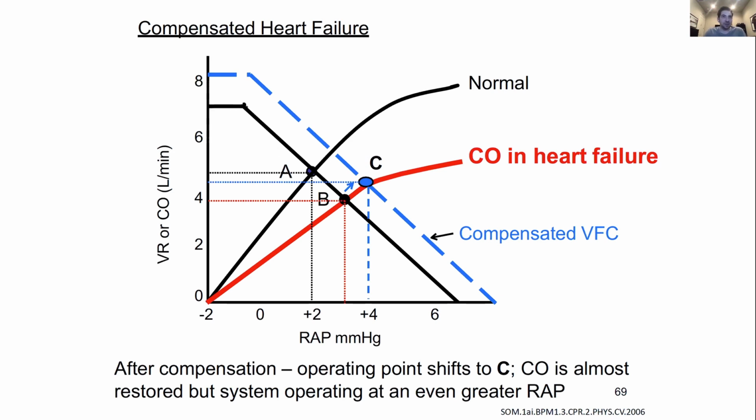Why? Because we're still on the same vascular function curve. The vascular function curve hasn't compensated. But what you'll see is when you have decreased blood going to the body, right? You have decreased cardiac output from the left side of the heart. The right side of the heart is going to try to compensate. So if we track this, we're going to increase our venous return to the heart. The left side is not pumping enough blood to the body. It's not able to.